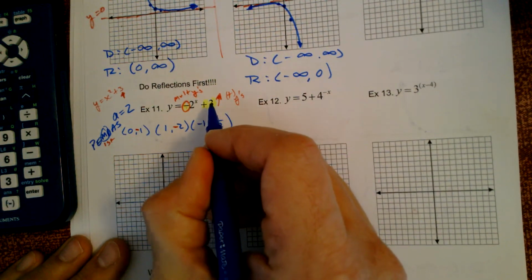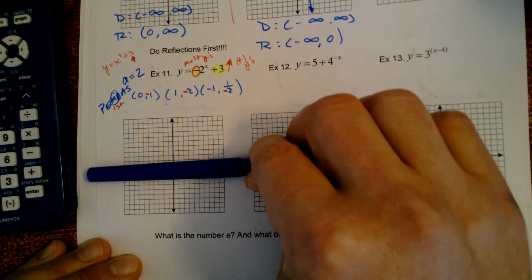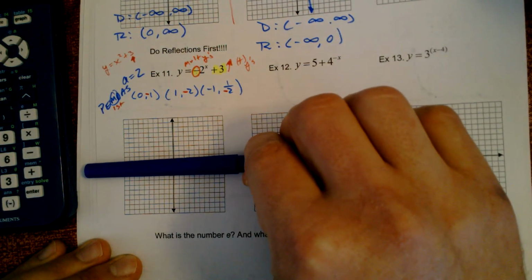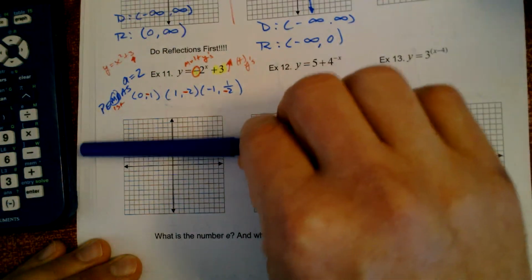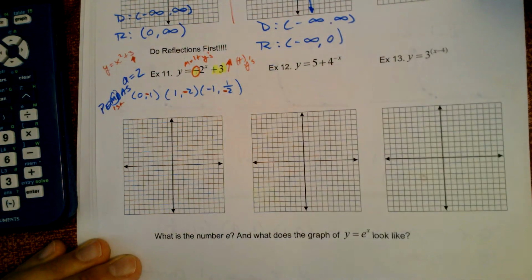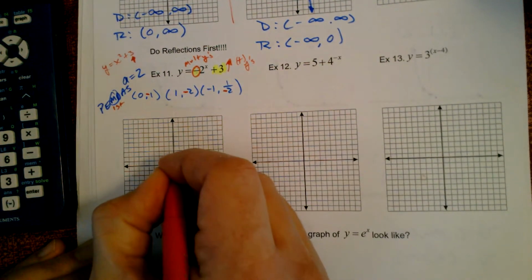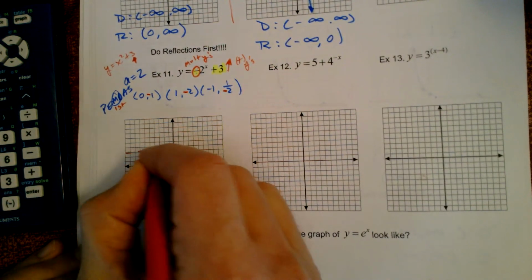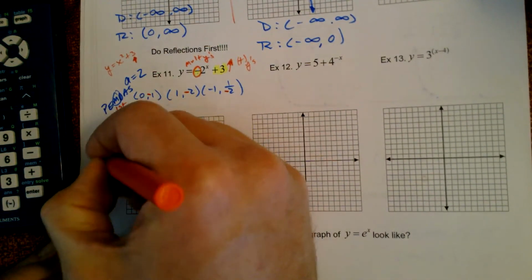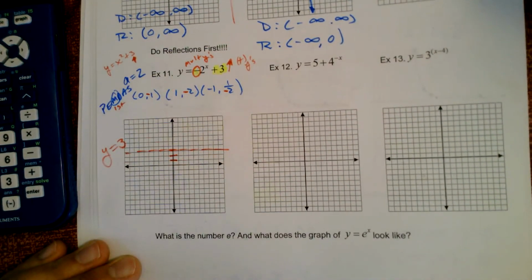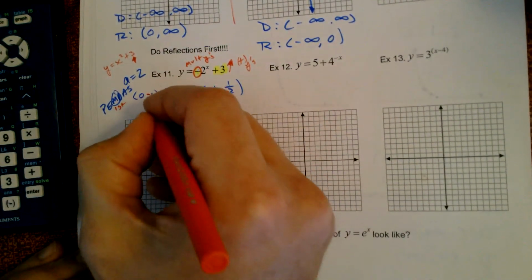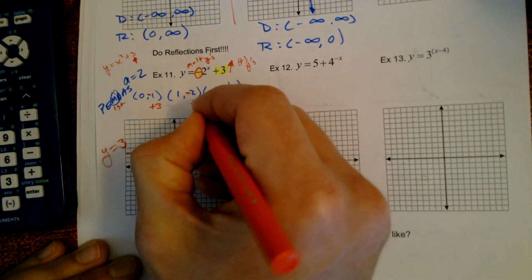Now this thing is getting shifted up 3. What does that mean? Normally my asymptote is here. It's now going up 1, 2, 3 units. So this is the location of that horizontal asymptote. So I'm going to take all these y values now and add 3 to them.